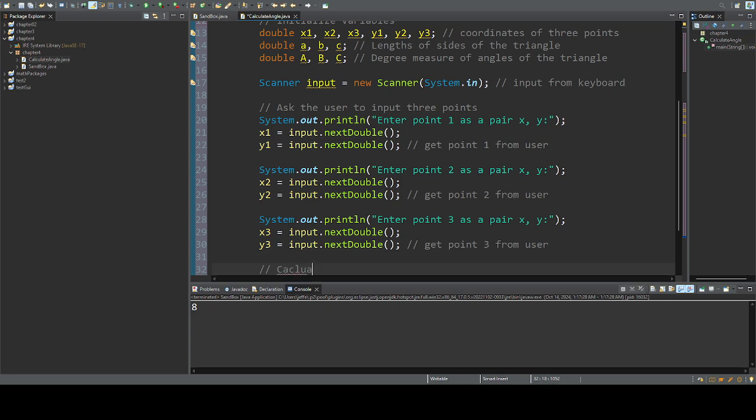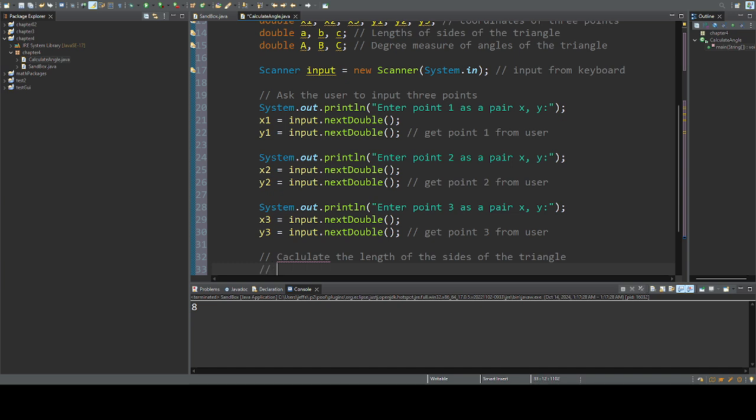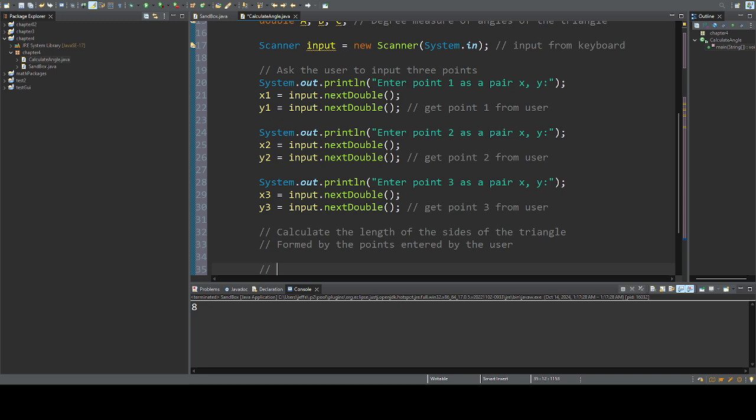So calculate the length of the sides of the triangle formed by the points entered by the user. So side A is between points 2 and 3.